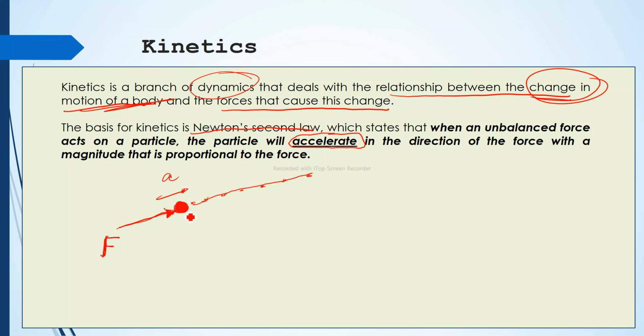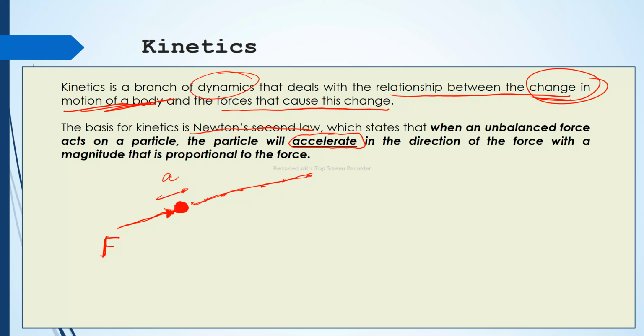So that's the concept: you have a particle, you apply a force, and when you apply the force, the particle will move. So that is the concept of the second law.